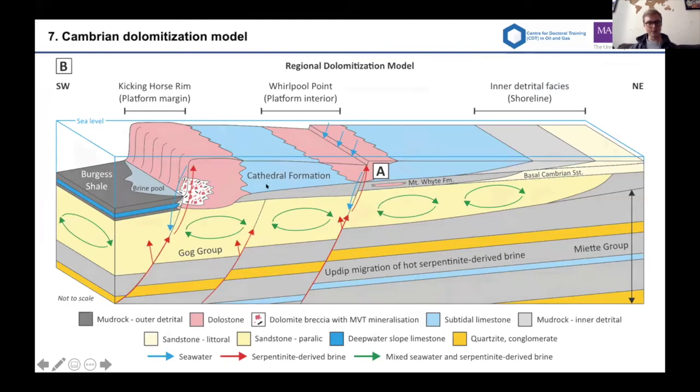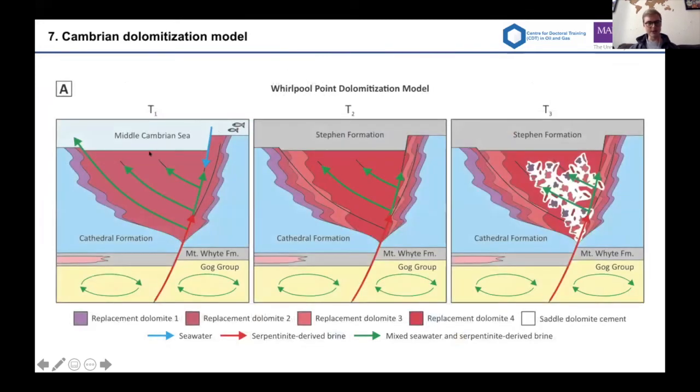And then to zoom into a bit more detail on our study area in particular: with the strong negative cerium anomalies indicative of seawater in the earliest phase of dolomitization, we interpret that the fault was breaching the surface, and that's why the cerium anomaly was strongest, so you're having more seawater at time 1. Then at time 2, the negative cerium anomalies become progressively less strong over time.